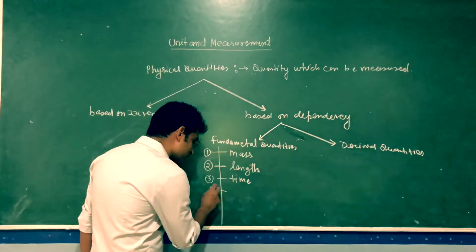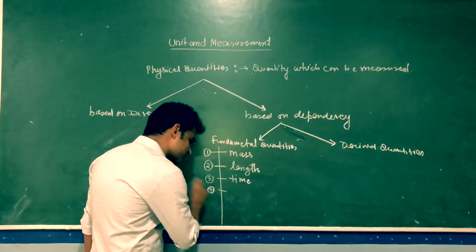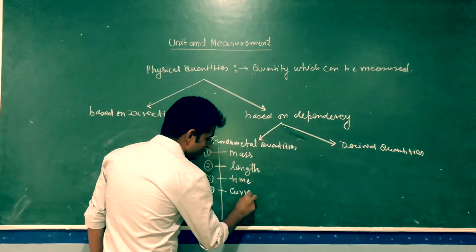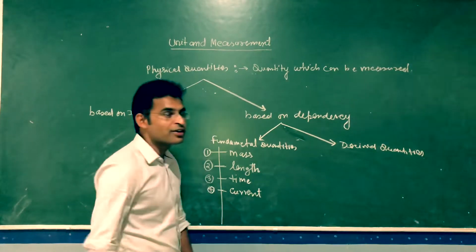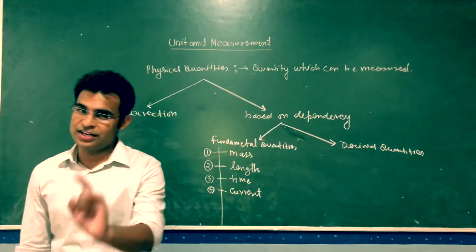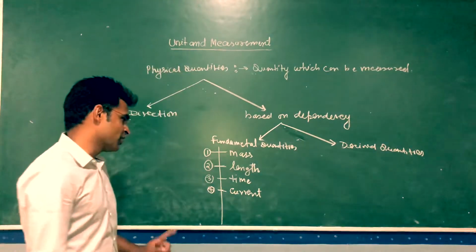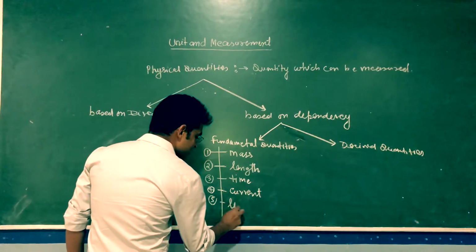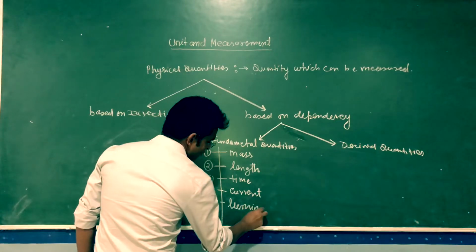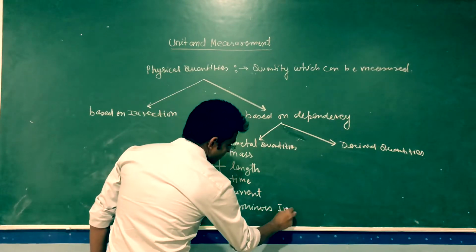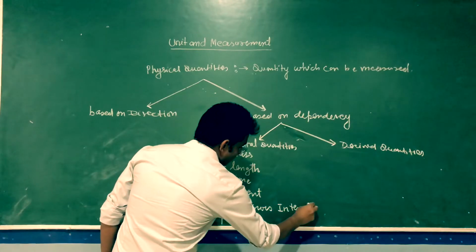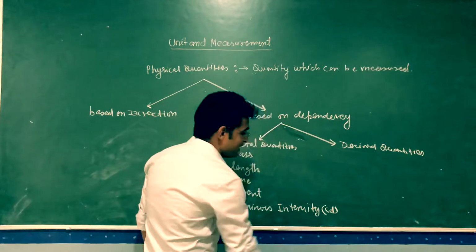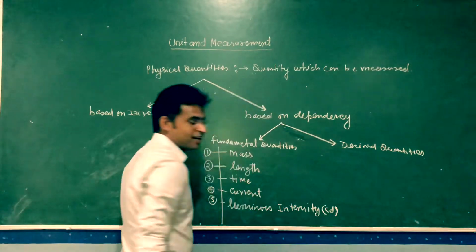The fourth one is current. For current we need an ammeter. Without an ammeter we cannot measure current. The fifth one is luminous intensity. For this one we have a specific instrument, and the unit is called candela.